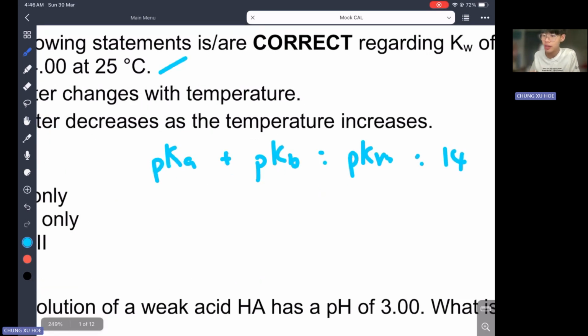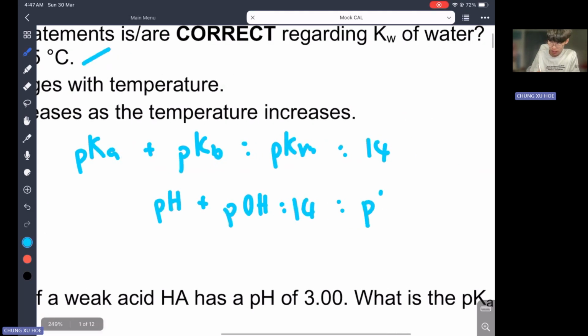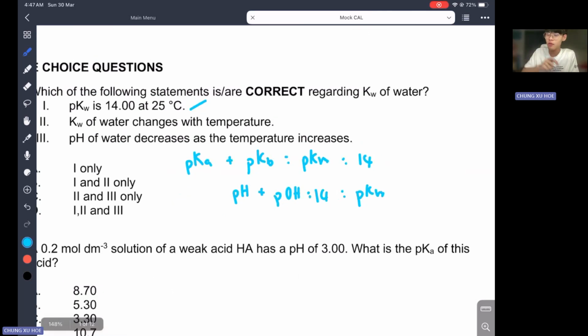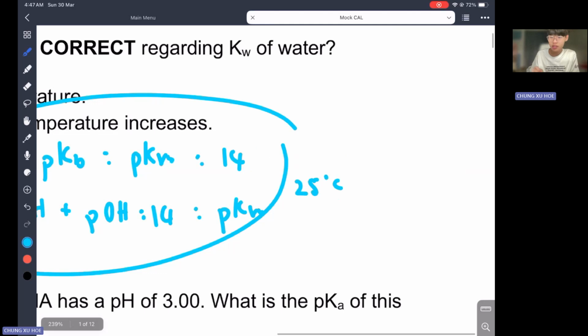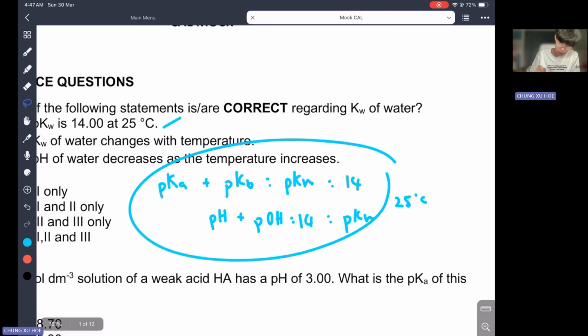Because of the second legendary equation, which you surely know: pH plus pOH equals 14. If you don't know this equation, you can graduate from school already. And my 14 is actually my pKw, and this comes with one condition: 25 degrees Celsius. So the first one is going to be correct.